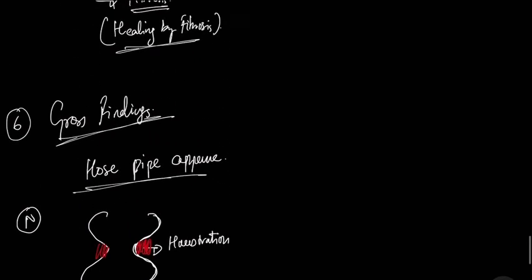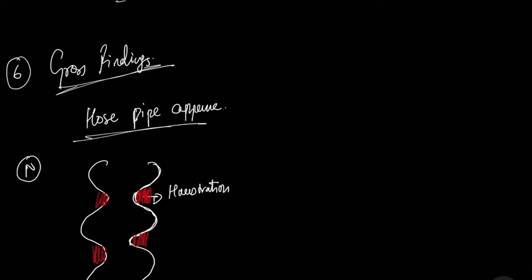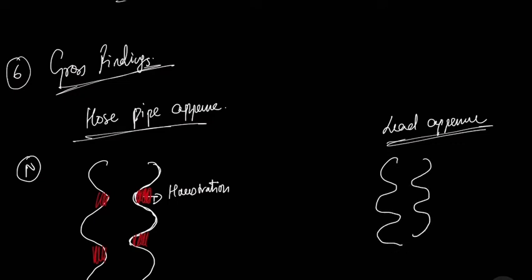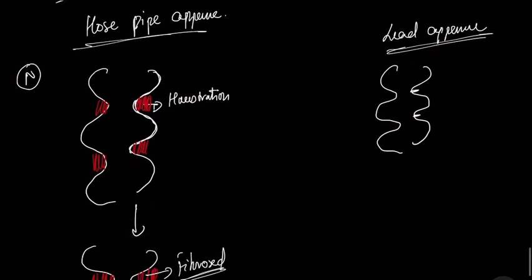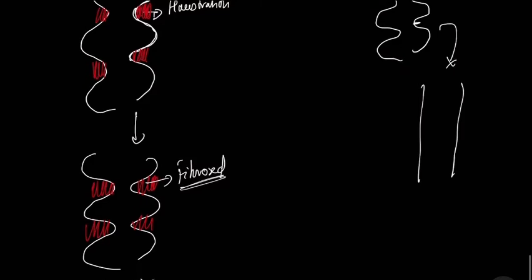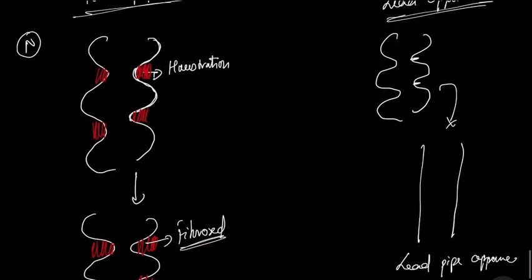Now let's come to the gross findings of ulcerative colitis. Here, what do we see? We see lead pipe appearance. And why do we see this lead pipe appearance? Because these haustrations here are lost. So we get this kind of appearance, and this is known as lead pipe appearance. So here we can have two questions.